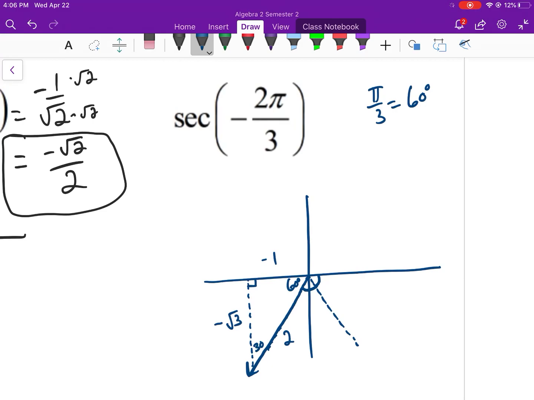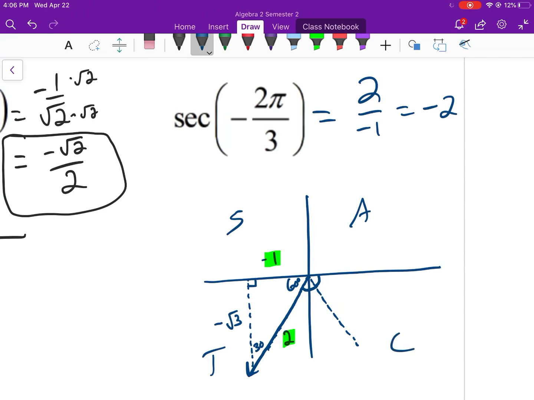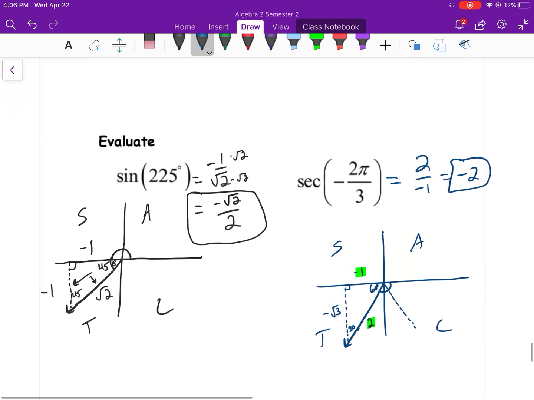So instead of adjacent over hypotenuse, we need to do hypotenuse over adjacent. So 2 over negative 1, which would be just negative 2. All Students Take Calculus, meaning tangent and cotangent are positive. We didn't have that, so we should have a negative answer when we evaluate that trig function.